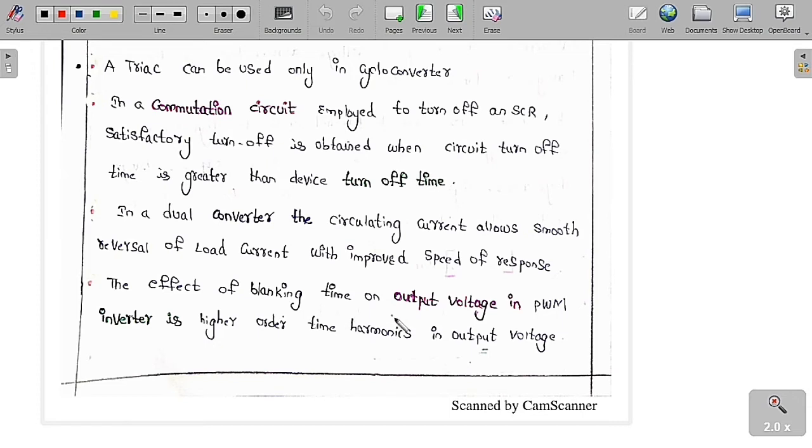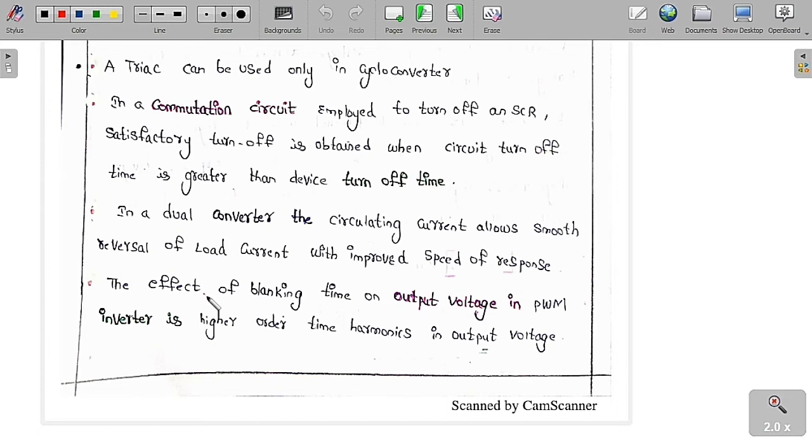The effect of blanking time on output voltage in a PWM inverter is higher order harmonics in the output voltage.